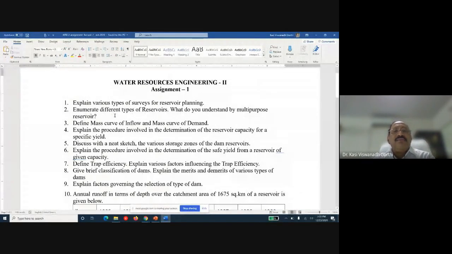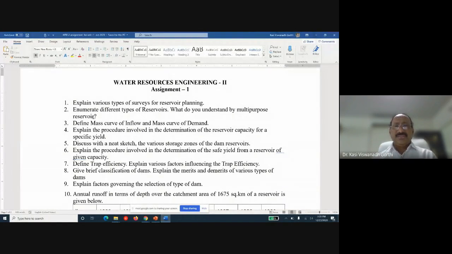Next, enumerate different types of reservoirs and what do you understand by multiple reservoirs. Different classifications we have given in our notes also. And what do you understand by a multi-purpose reservoir? One type of classification is a single purpose reservoir. The second is a multi-purpose reservoir. A single purpose reservoir is meeting only one requirement, maybe domestic water supply to a town.